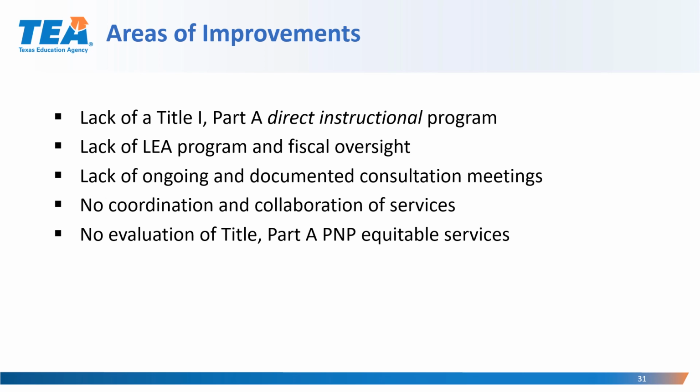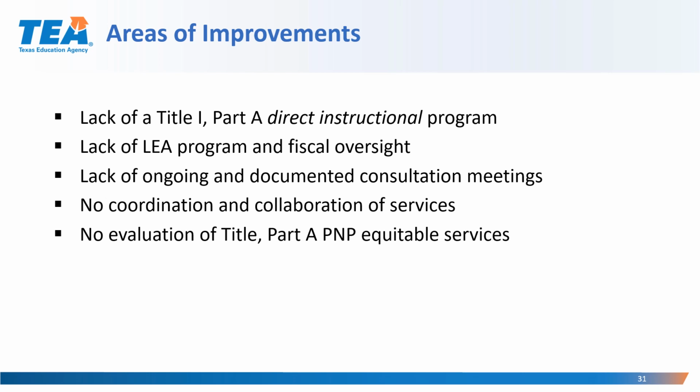There was a lack of LEA program and fiscal oversight. The LEA is the fiscal agent and therefore must maintain control throughout the program and have oversight of all materials and equipment that have been purchased.